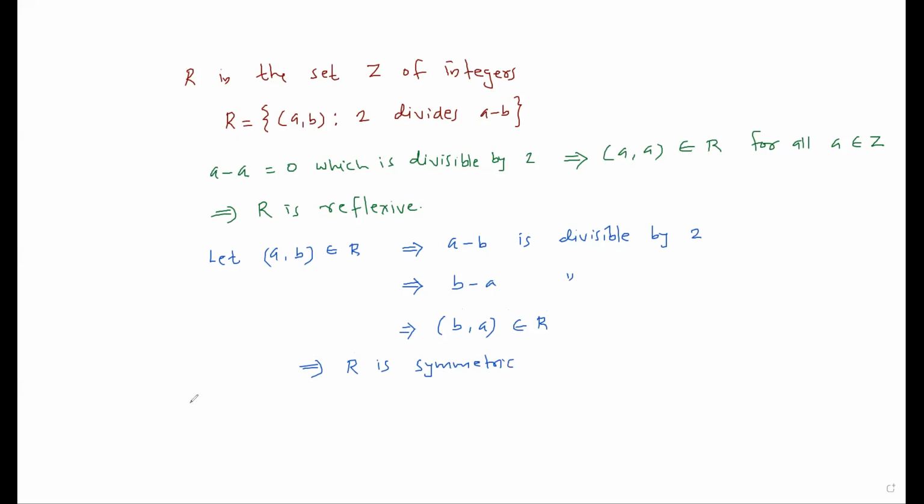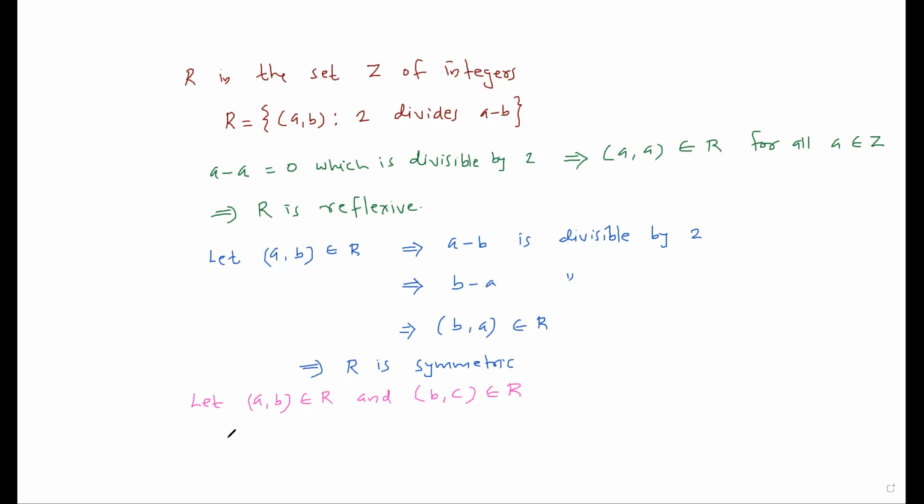Transitivity says if one element is related to the second element, and the second element is related to the third element, then the first element should be related to the third element. So we'll assume let (a, b) belong to R and (b, c) belong to R. That means a is related to b and b is related to c.